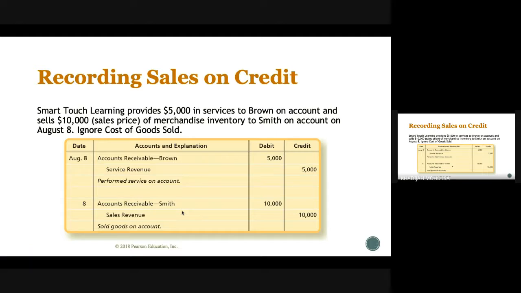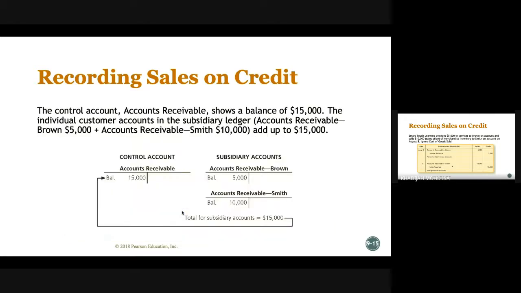So you're going to open two separate receivable accounts, and for both you're going to credit your sales revenue, and then debit your accounts receivable.